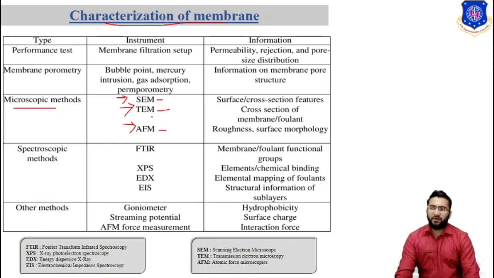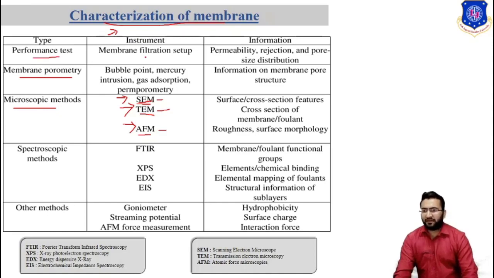We also discussed the difference between scanning electron microscopy and transmission electron microscopy, and the difference between scanning electron microscopy and atomic force microscopy. Now in this lecture, we are going to discuss various methods for characterization of membrane using membrane porometry and performance test.